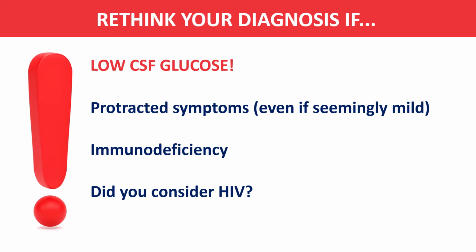And this is why many experts recommend that every patient with a central nervous system infection should be tested for HIV and syphilis. So, immunodeficiency, protracted course of illness, in addition to abnormally low glucose, these are red flags that you should never miss.